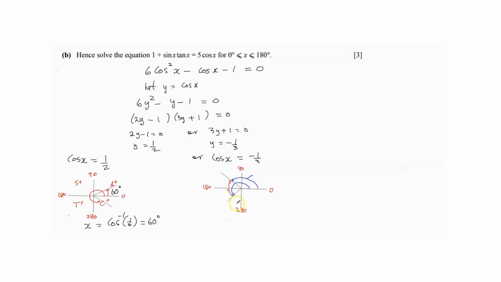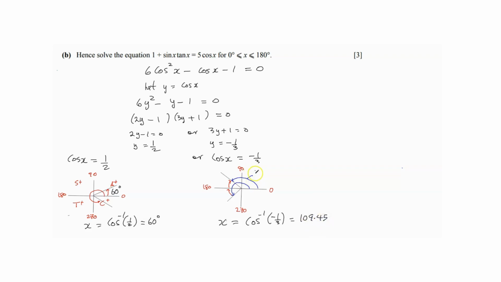Okay, so what we're going to do then is to do the inverse. So x then is equal to cosine inverse of minus a third, and that gives us 109.45.